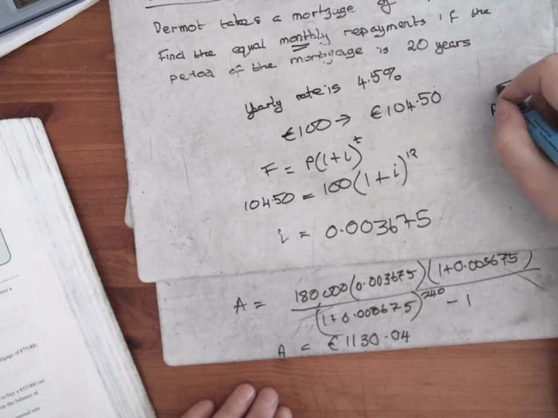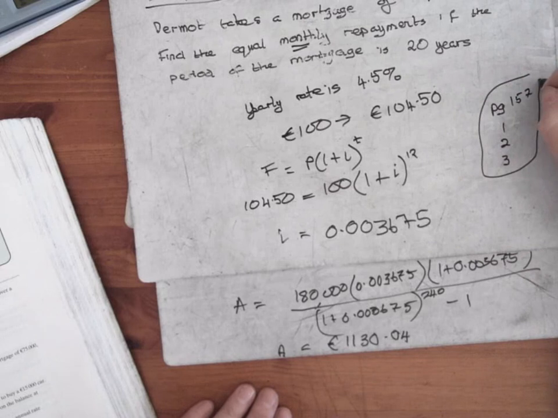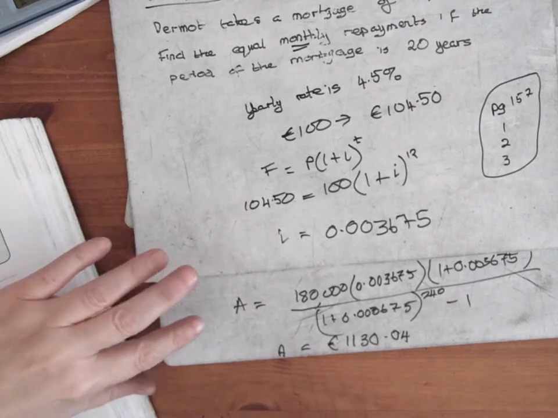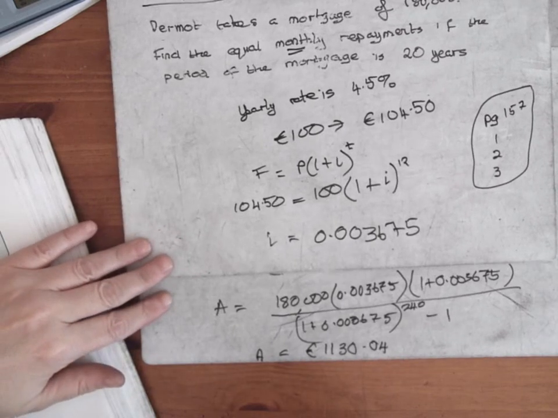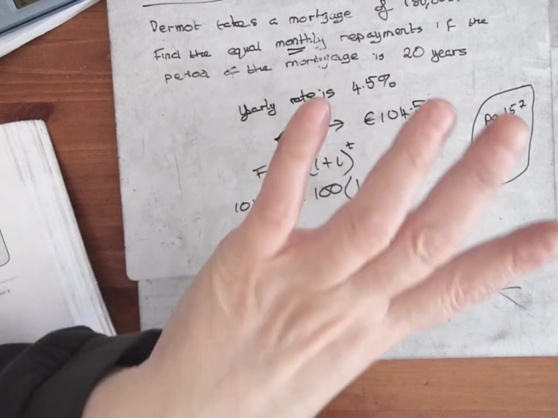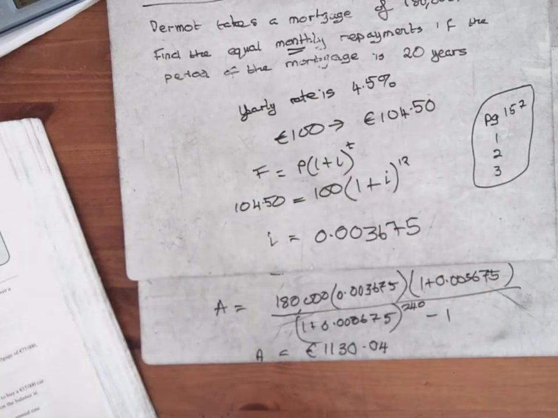Have a look at the proof of the formula again, see can you make head nor tail of it. I'll get back to question 11 tomorrow because I just got a blank mind there. Look at the proof, see can you work out what actually happened, and then do 157, 1, 2 and 3.